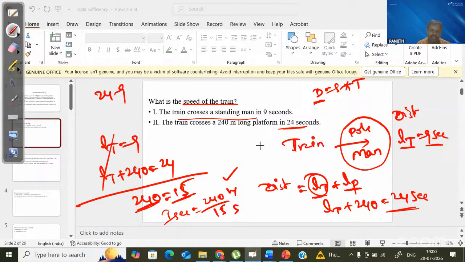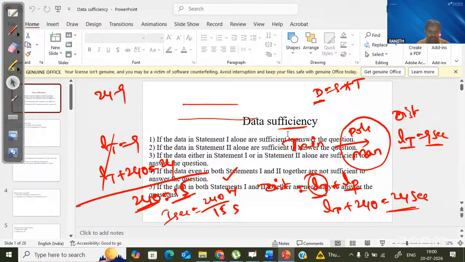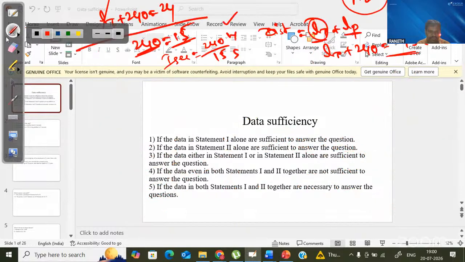By using 1 and 2 we can find the answer. So the statements together are necessary to answer the question. Together are required.